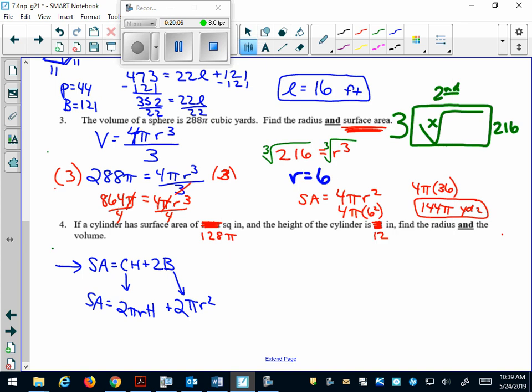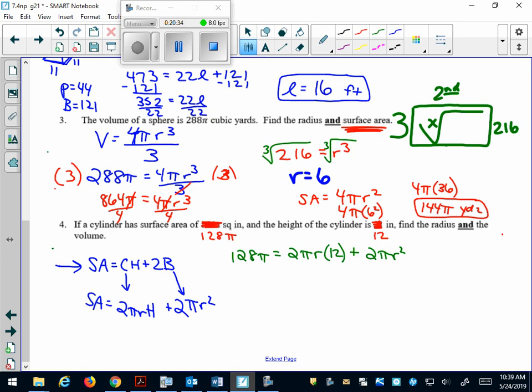All right, now we're going to plug in what we know. Surface area is 128 pi equals 2 pi r, we don't know, h is 12, plus 2 pi r squared. If there's an r squared and an r in this problem, what are we going to end up having to do?